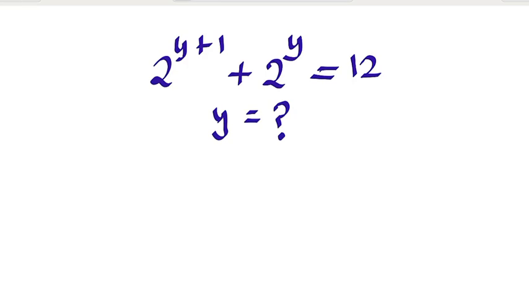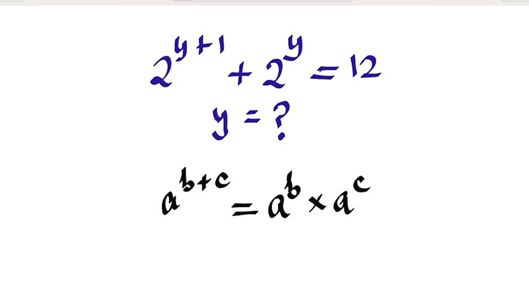So now from here, what we are going to do is rewrite the first term. From the indices, when you have a to the power of b plus c, this will be a to the power of b multiplying a to the power of c.